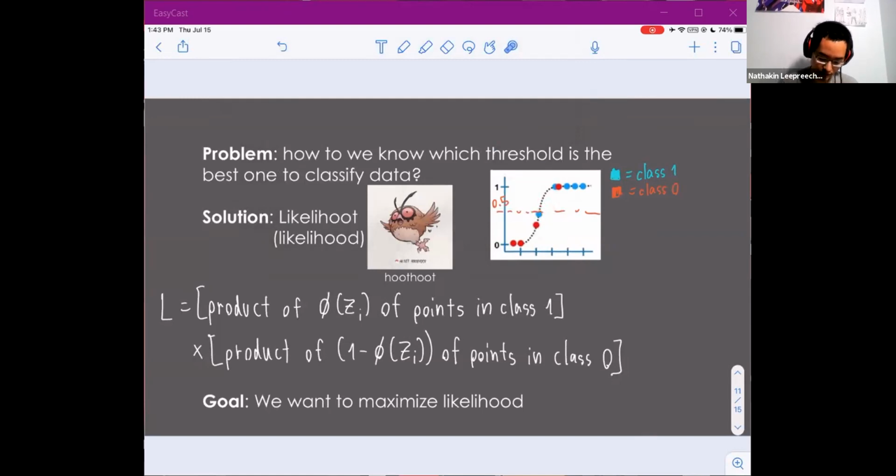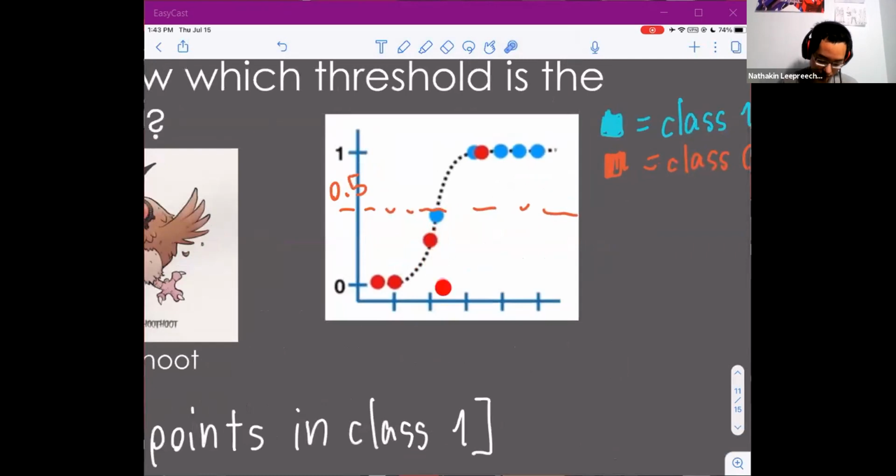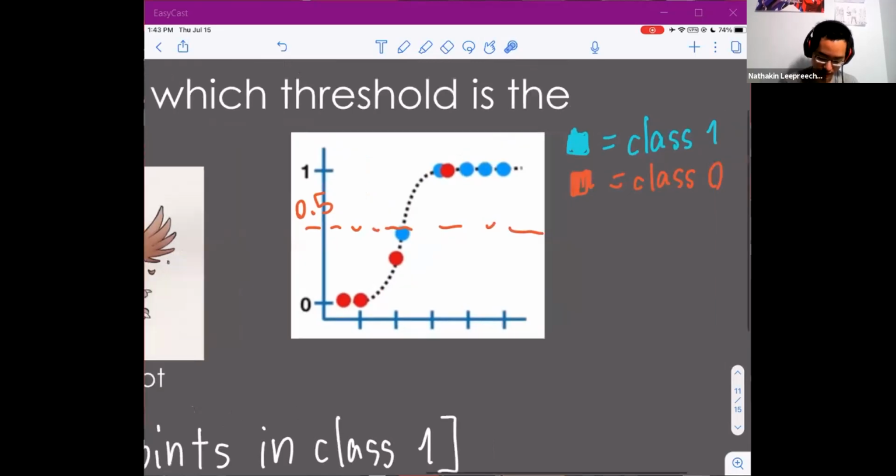If you assign everything below 0.5 to be class 0, but this is the true value, it should be classified as class 1. So if this blue one is supposed to be class 1, but it got assigned incorrectly, that's something for you to look out for.